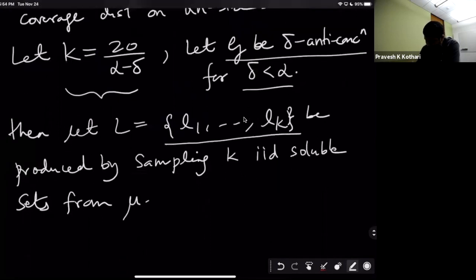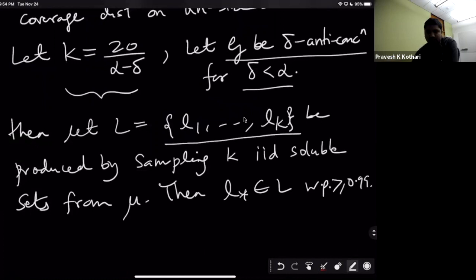Then L star belongs to L with probability at least 0.99. In other words, I have taken a maximal coverage distribution and rounded it to a list of size 20 over alpha minus delta. If you think of delta as, let's say, alpha by 2, then this is a list of size 40 over alpha.